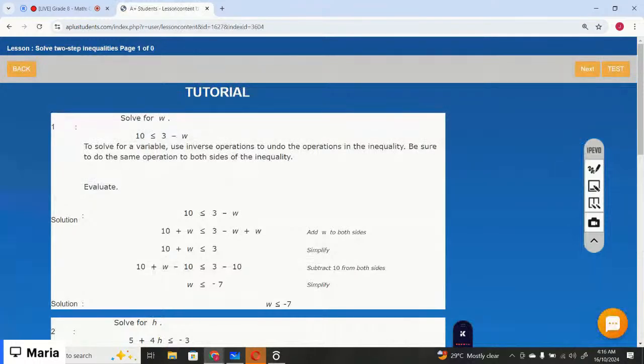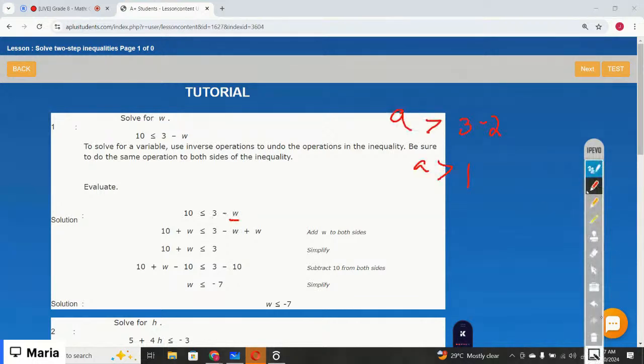Start with the first example: solve for w, 10 is less than or equal to 3 minus w. You have to evaluate this inequality for w, right? You need to add w to both sides because you need to make w positive. So when you add w, you have 3 minus w, that is 0. You are left with 3 only.